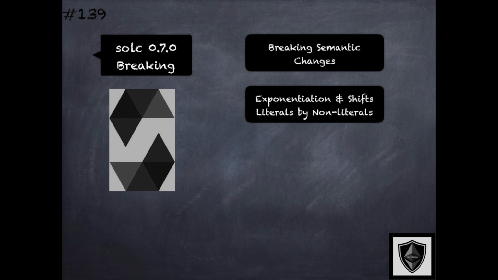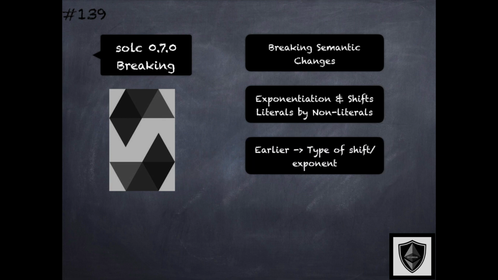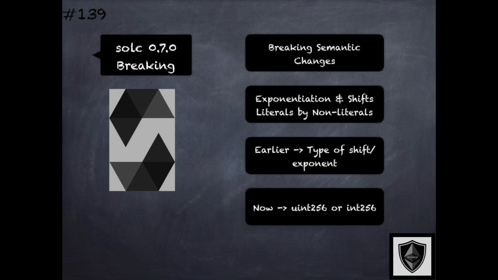Until this version, the operation was performed using the type of the shift amount or the type of the exponent, which can be misleading. So this became very explicit.